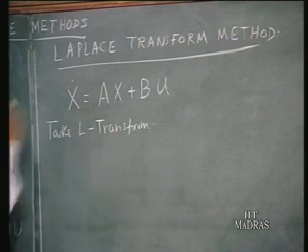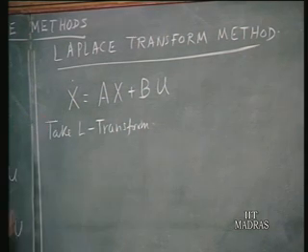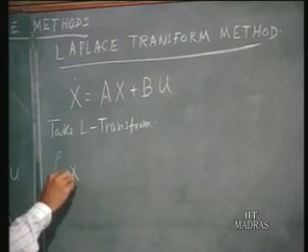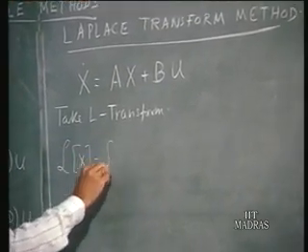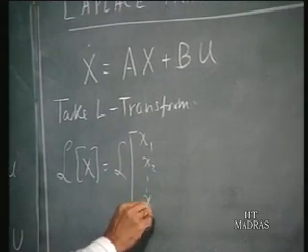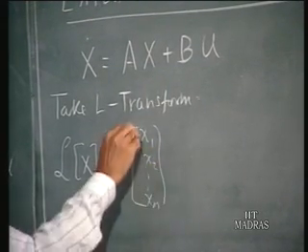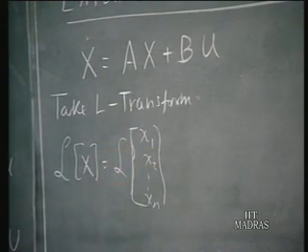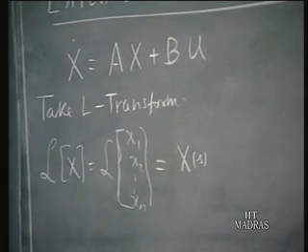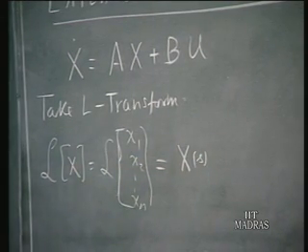Before taking the Laplace transform of x dot, let the Laplace transform of x, which means the Laplace transform of the various quantities x1 up to xn, be called X(s). So it is a new vector where, instead of time variable quantities, we have transforms, functions of s.